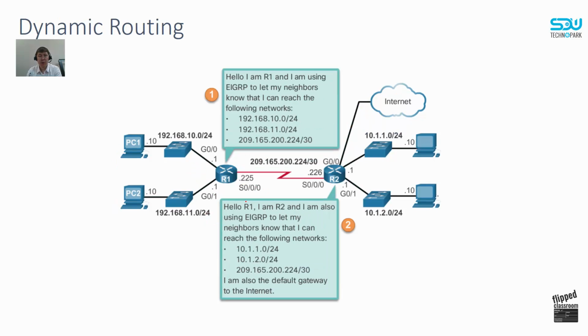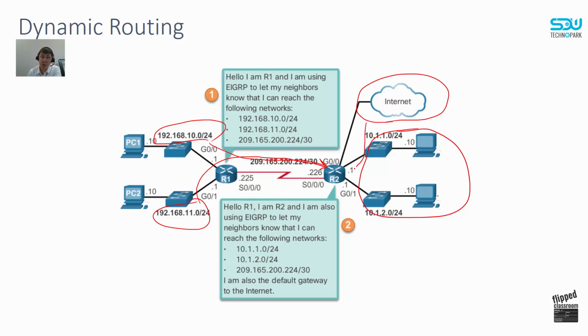Whereas dynamic routing says that a router says, look, I have information about such networks like 10.0 and 11.0, and this information will go from router 1 to router 2. And router 2 by itself will look at its own directly connected networks and all other networks which are available to it, and will send information about them to router 1.